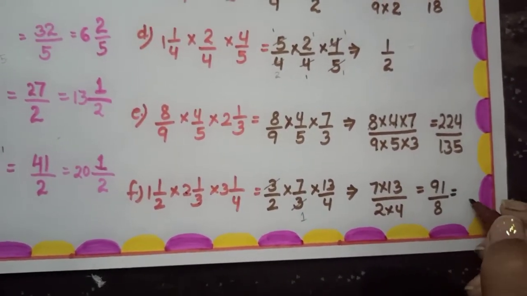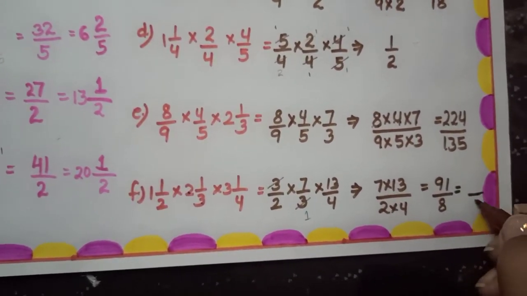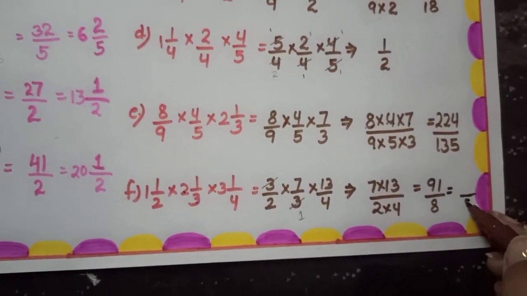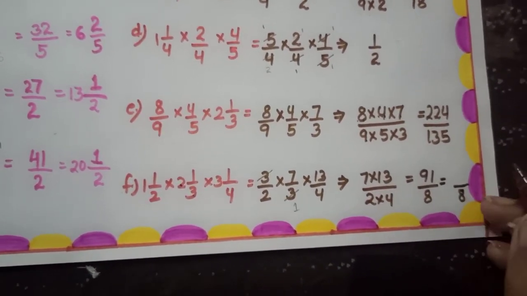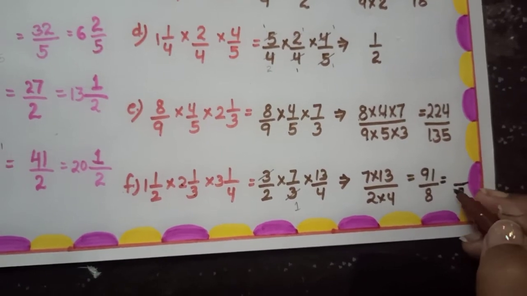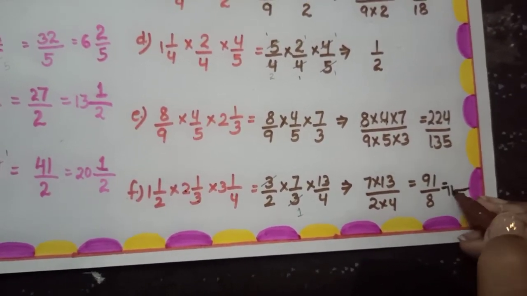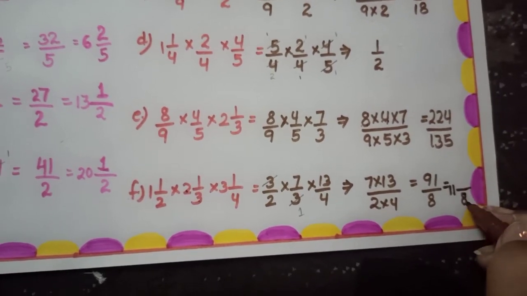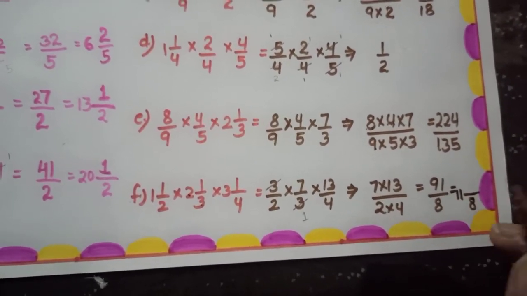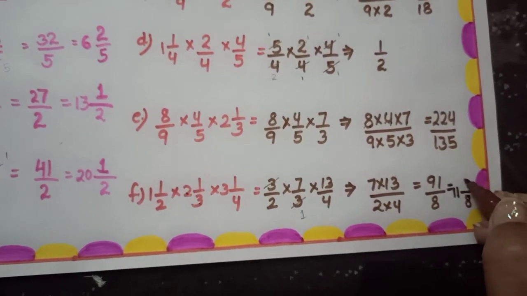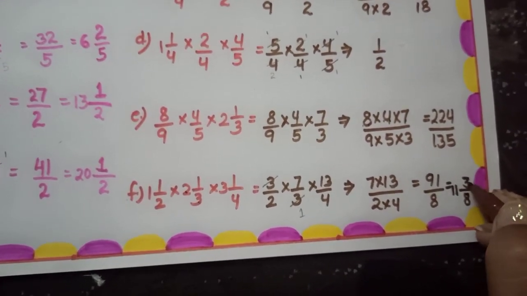Let me explain once again how to convert a number to a mixed fraction. 11 8s are 88, so we'll just write down 11 over here. 11 8s are 88, and to make it 91, 3 is left, so we will write down 3.